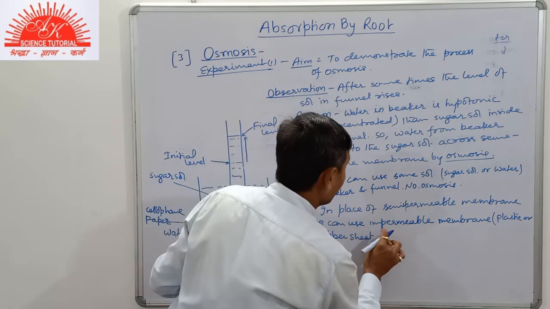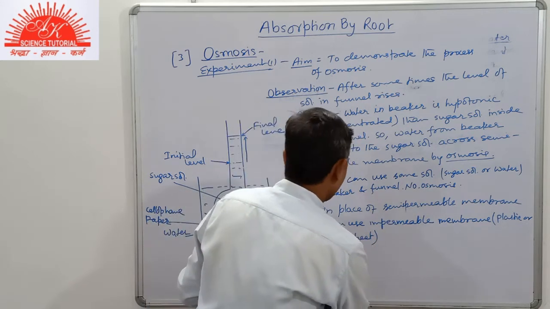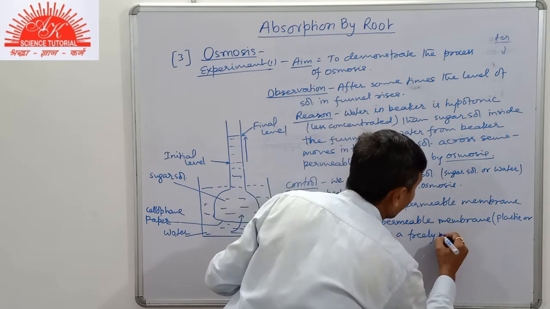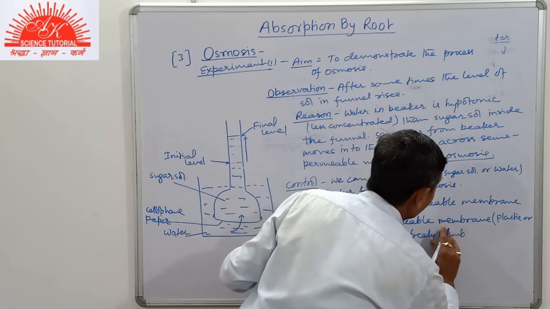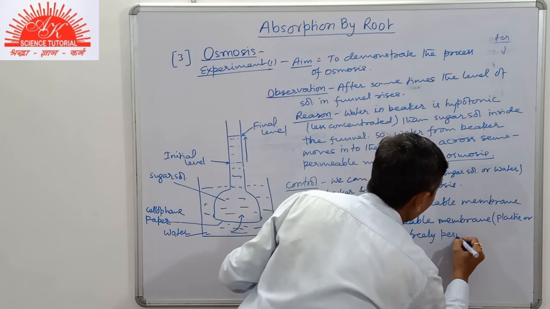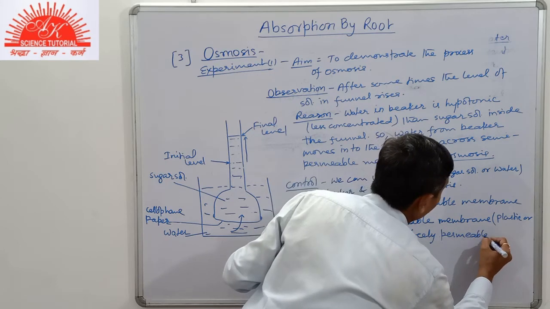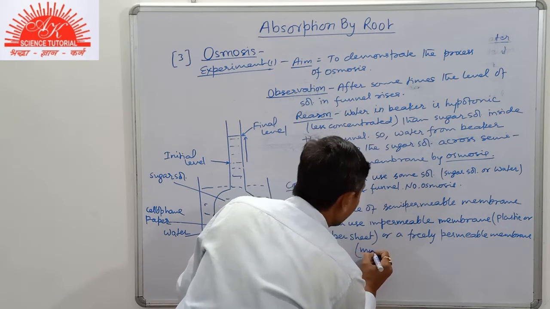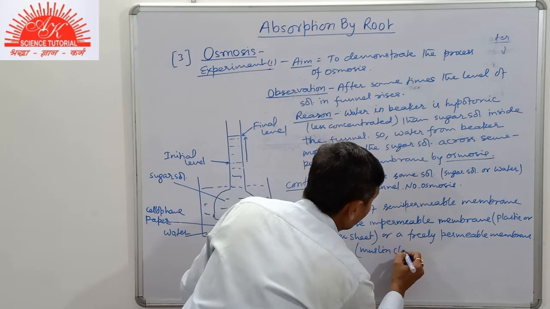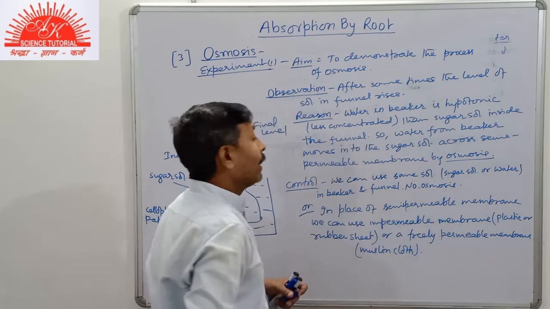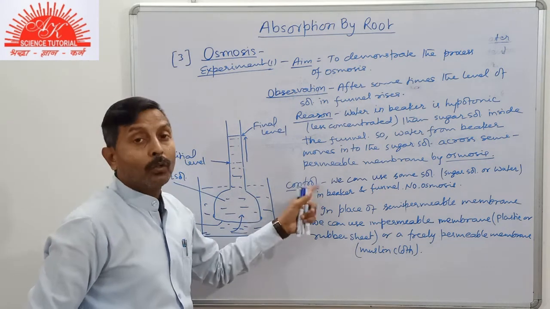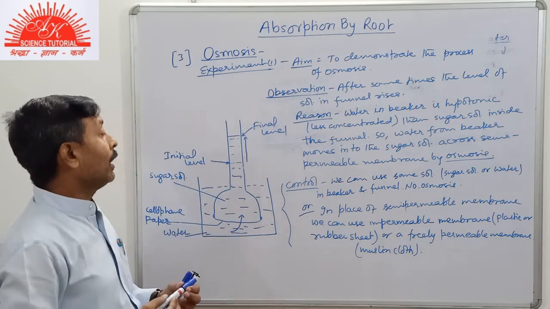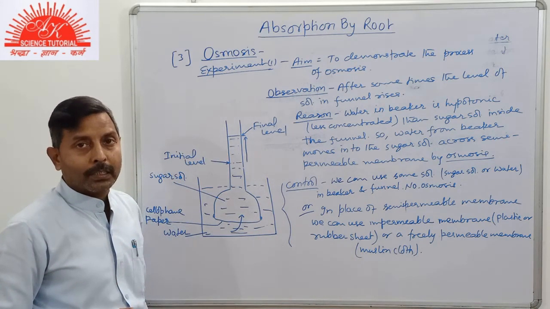We can use an impermeable membrane, or a freely permeable membrane like muslin cloth, which has large pores through which solute particles will also pass. So if we use any one of the two conditions, no osmosis will take place.